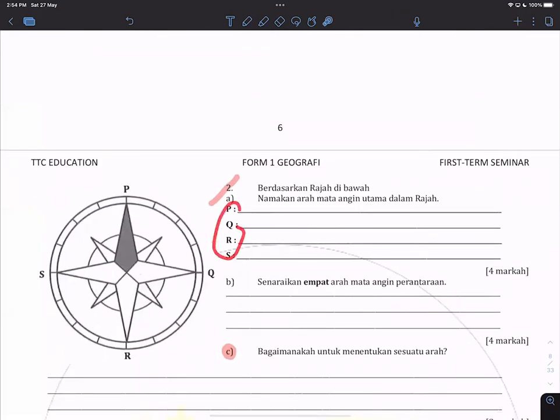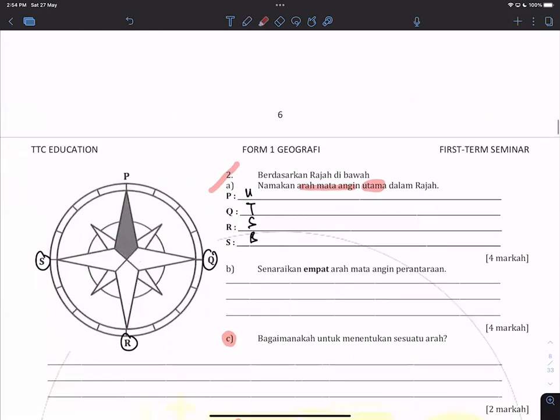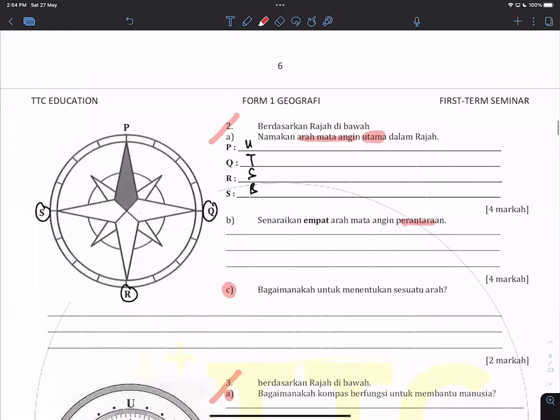So arah mata angin utama, usually look at the questions. Namakan arah mata angin utama. So utama, P, this is the jarum, right? So this jarum is referring to utara, Q, timur, R, selatan, S, barat. You guys know how to spell. I will not write the full answer. So for arah mata angin perantaraan, just senaraikan.